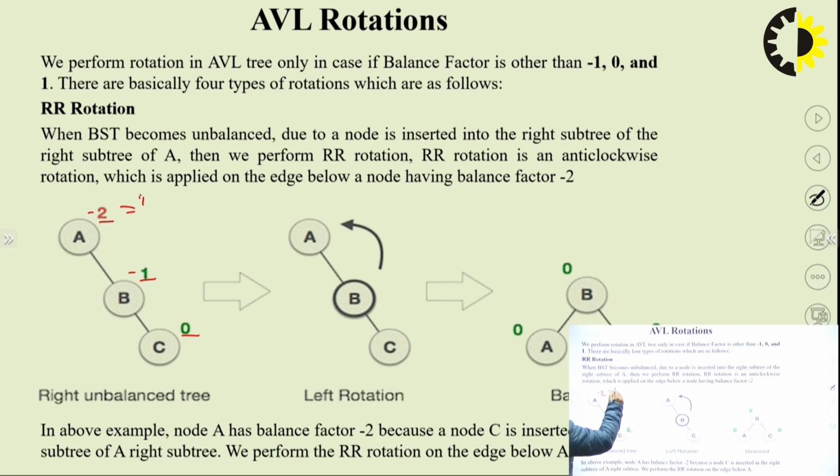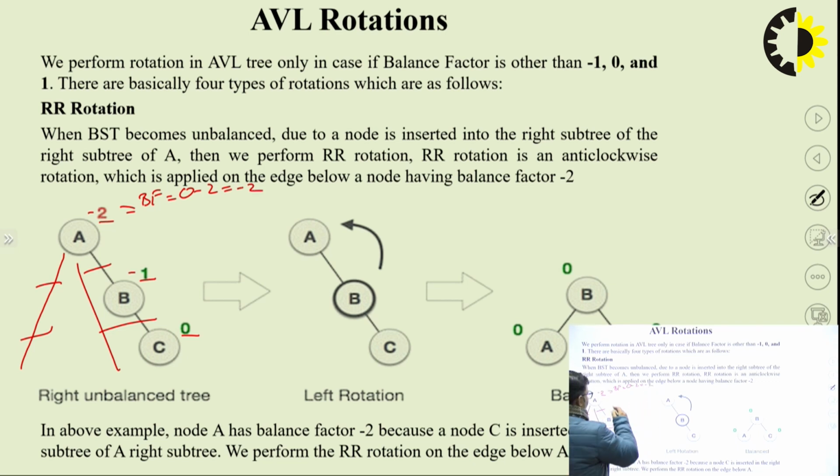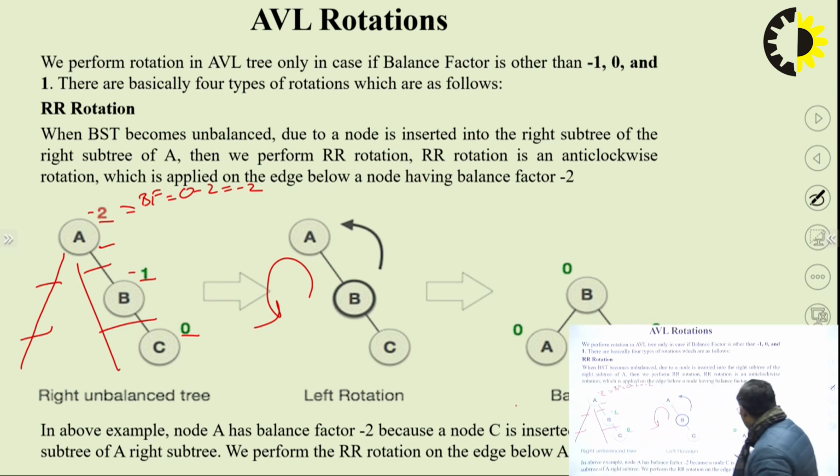Let's check: BF is equal to the height of the left tree, which is 0, minus the height of the right tree, which is 1, 2, so -2. So here we pick the node A and rotate it anti-clockwise, which means push and pull, and then it will be in balanced form.